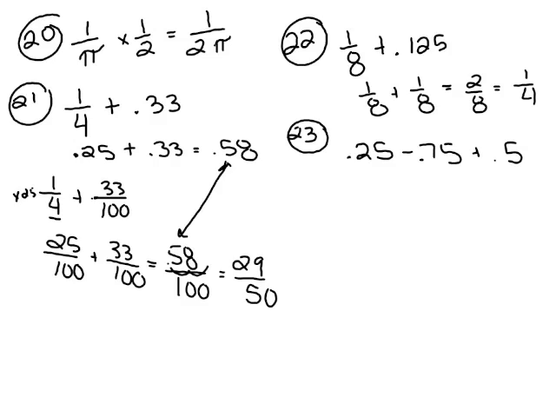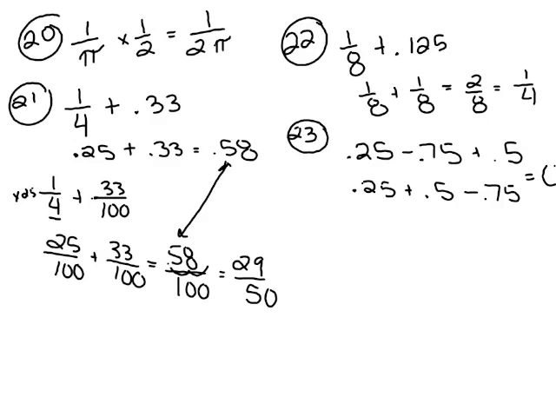So 0.25 and 0.5 are both positive, so I can rewrite this if I want: 0.25 plus 0.5, and then which was my negative? Minus 0.75. Does that make it easier?